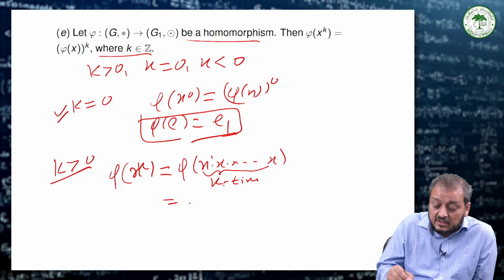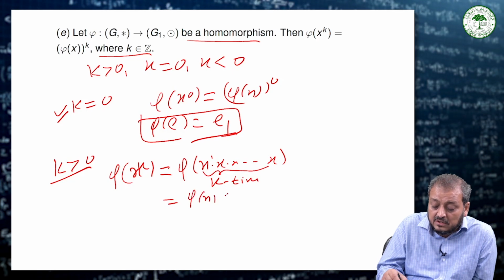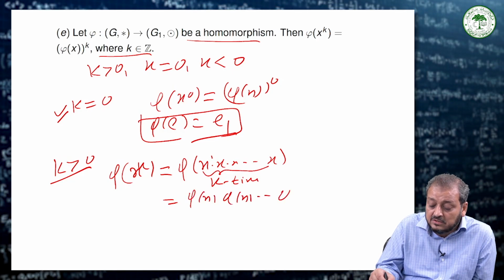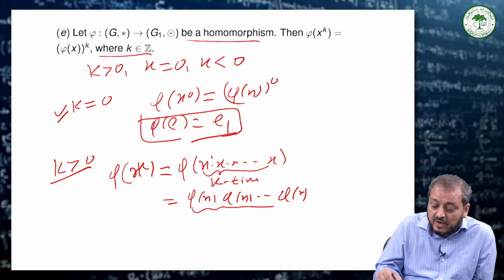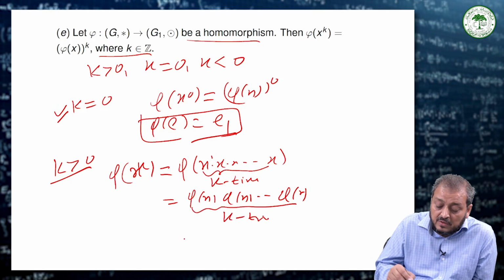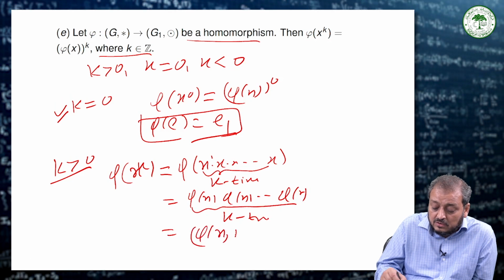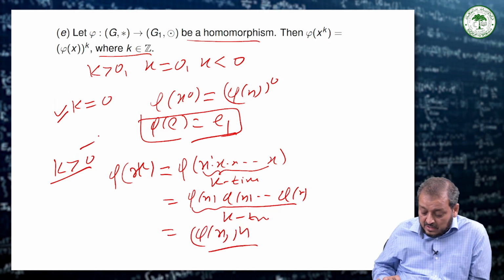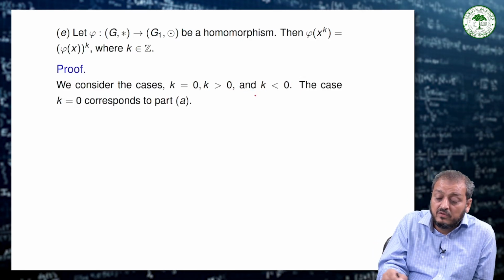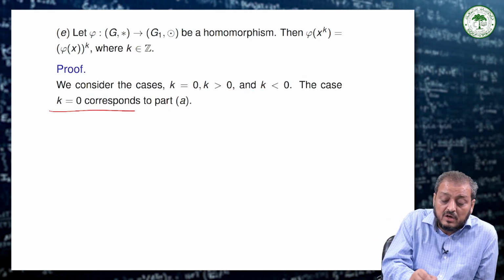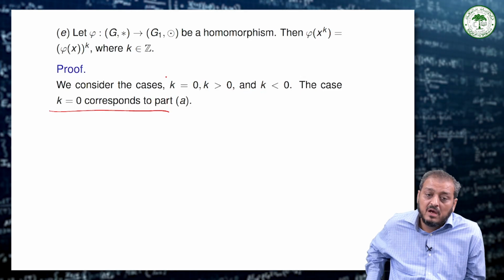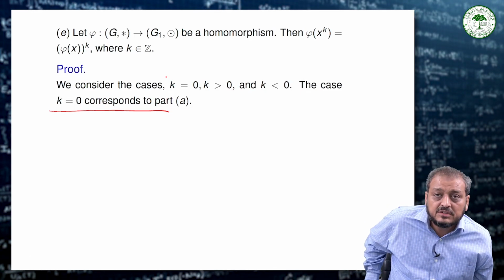Then this can be written as phi of x times phi of x, again k times. This means phi of x to the power k, if k is greater than 0. For k equal to 1 and k equal to 0, that is trivial by part A.